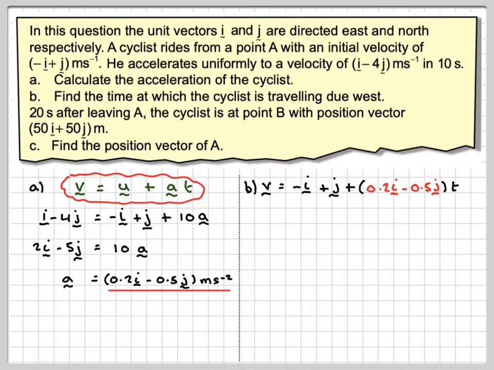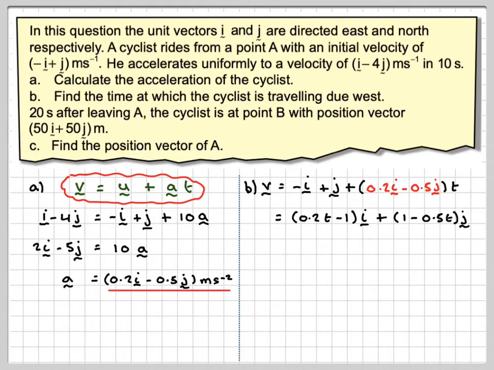We want to be travelling west, so the j component would have to be equal to 0. There'll be no vertical motion, there'll only be horizontal motion, and direction is given by the velocity. Collecting up the i components, we've got (0.2t - 1)i, and then (1 - 0.5t)j.